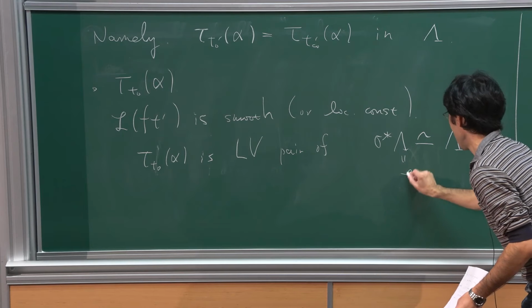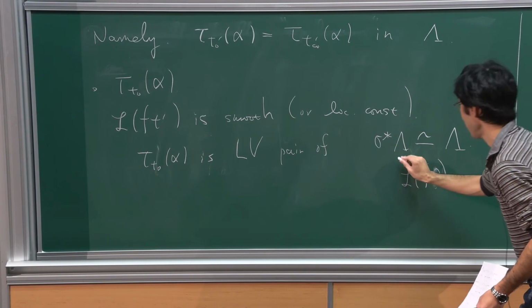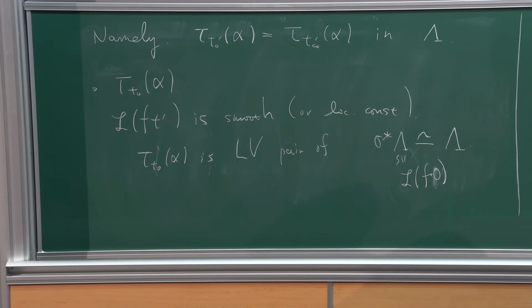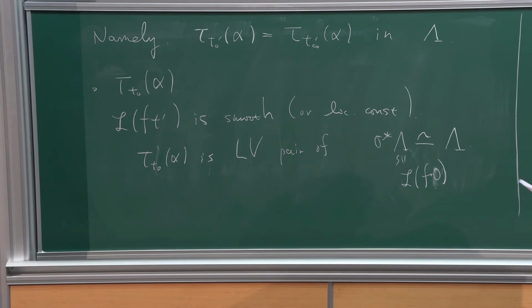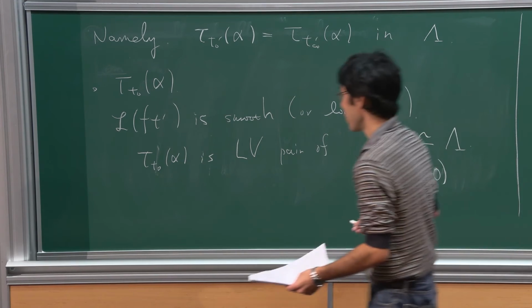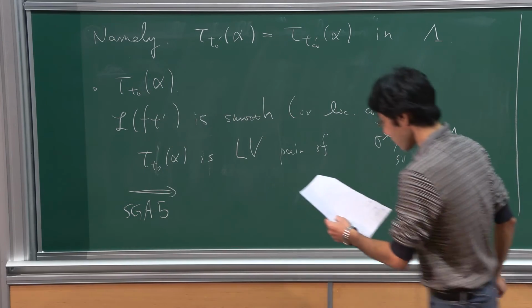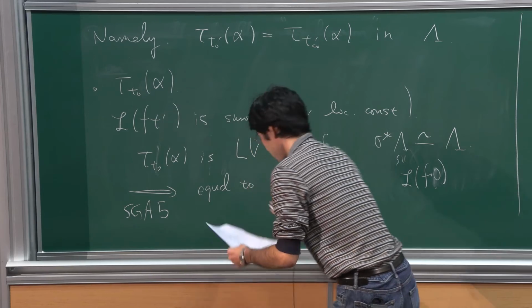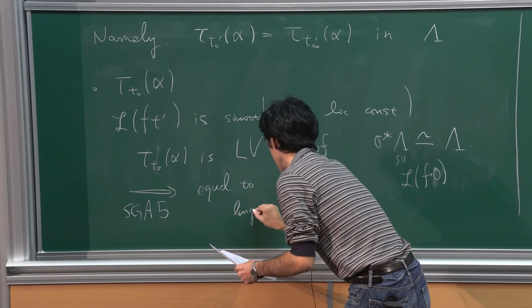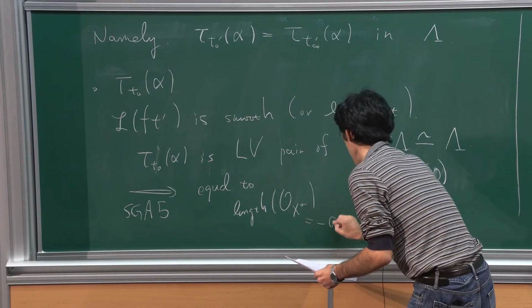So this is equal to L ft prime times 0. This is isomorphic, since 0 times f is 0, so it's a constant sheaf. So this is equal to the left-hand variant appearing of this sigma, and this is computed in SGA5. So it's equal to, this is nothing but minus AG of sigma.